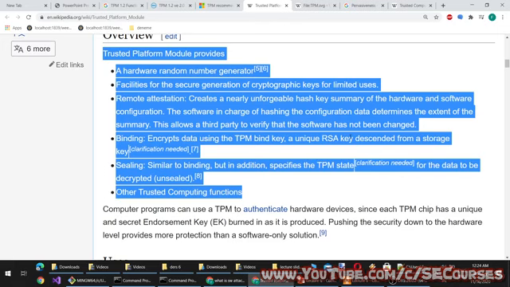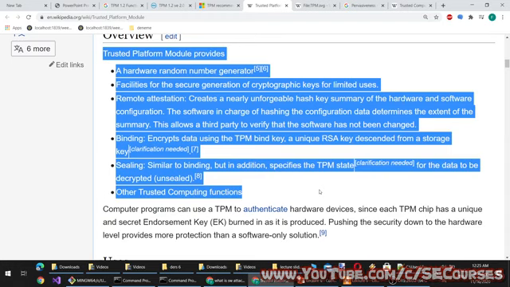Remote attestation creates a nearly unforgeable hash key summary of the hardware and software configuration. The software in charge of hashing the configuration data determines the extent of the summary. This allows a third party to verify that the software has not been changed. Binding encrypts data using the TPM bind key, a unique RSA key descended from a storage key. Sealing is similar to binding, but in addition, specifies the TPM state for the data to be decrypted, unsealed.